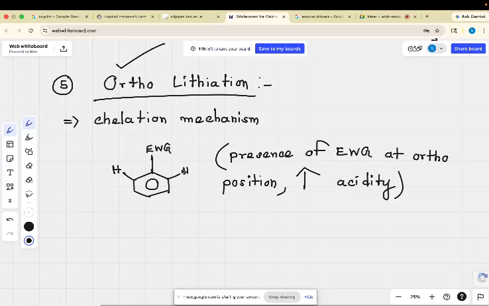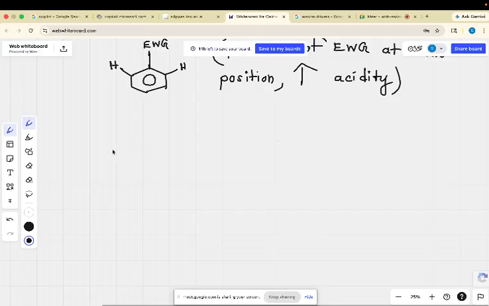Clear or not? Okay, let me give one example. Suppose you have this. This is the anisole compound, right?